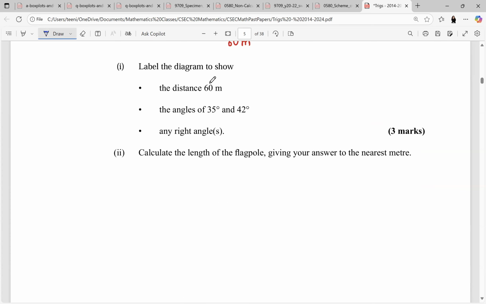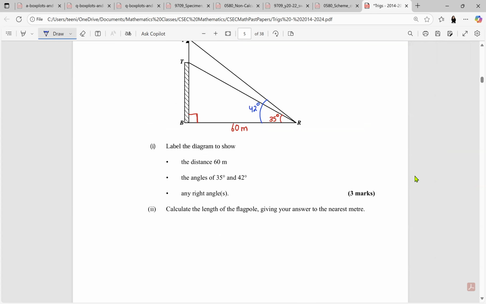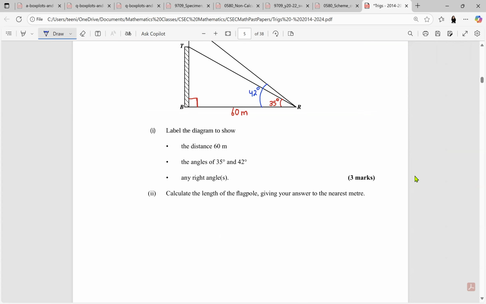All right. So let me just take out the two triangles to show you individually. Let's look at BTR first. We're looking at the angle of elevation of T from R, so this angle here is 35 degrees. It's a right angle triangle, and this side is 60 meters. To find TB, TB is the opposite side, and we have the adjacent.